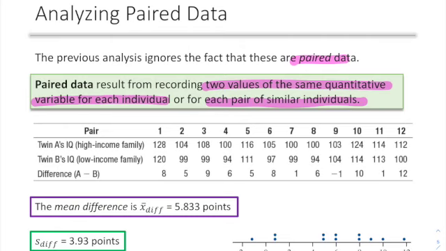Think of this as back in Chapter 4 when we were talking about sampling, we talked about matched pairs, or when we did sampling in experiments, matched pairs design. So here, the mean difference in IQ score is 5.833, and the standard deviation of the difference is 3.93. So here we have a dot plot of the difference between the twins.